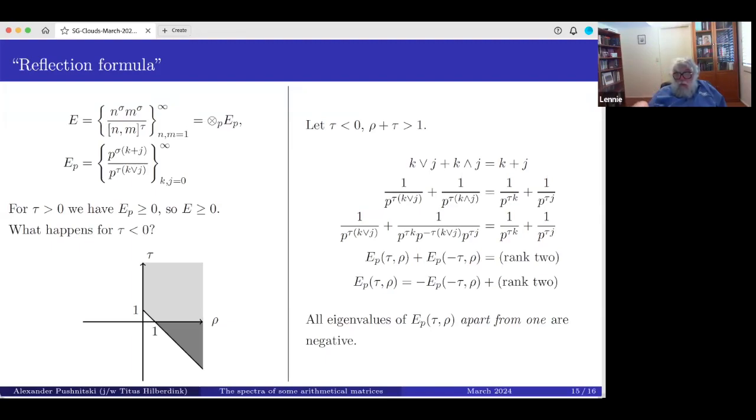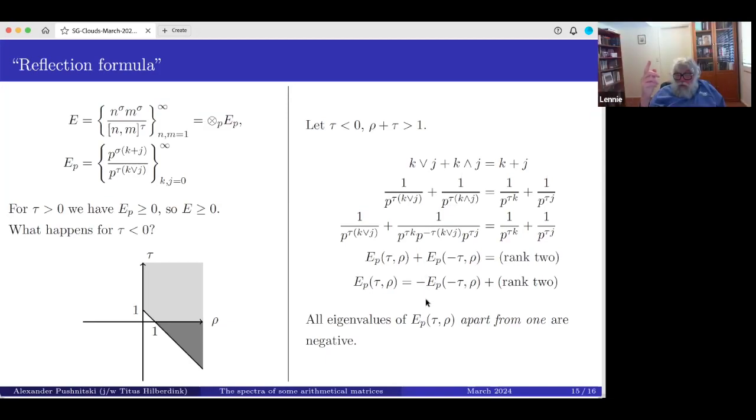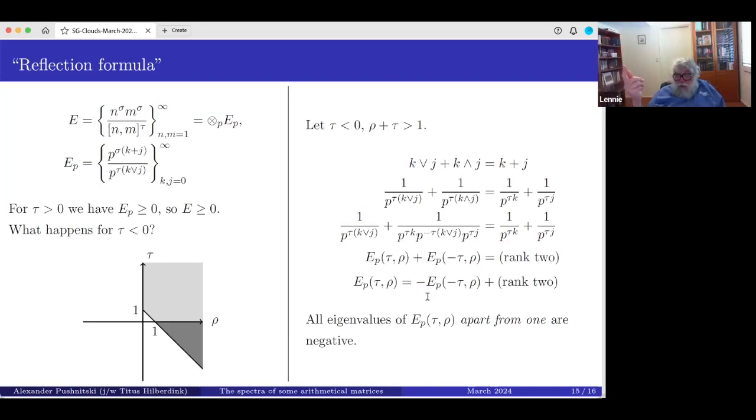Sasha, if you didn't have this rank 2 term, then... Oh yeah, so for each EP it would be negative, and then you get products of positive and negative numbers. For EP you say that there is one positive eigenvalue, so I guess it would be better to be close to one when P is large. Exactly.